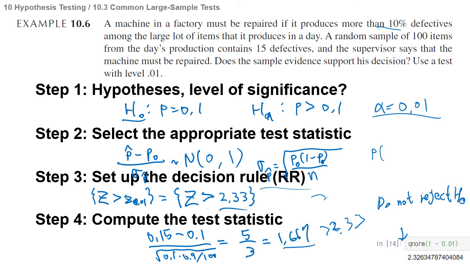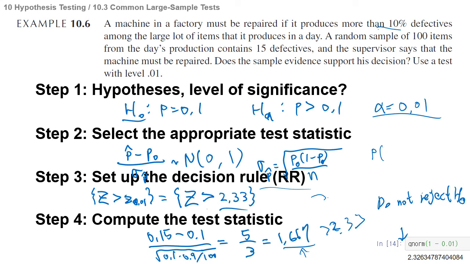So this 1.667, it's quite large, but with alpha level 0.01, currently we do not reject the null situation, but probably with alpha level 0.05, it should be similar to 1.66.